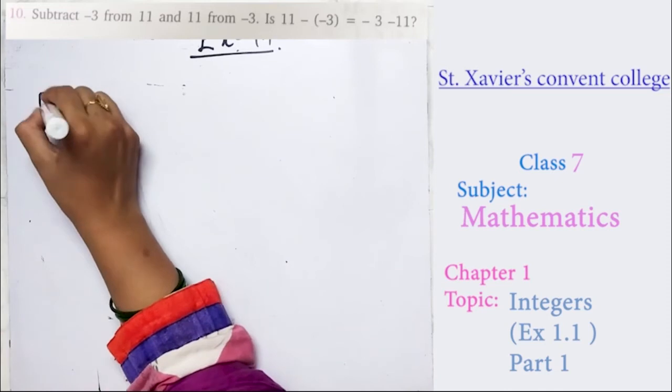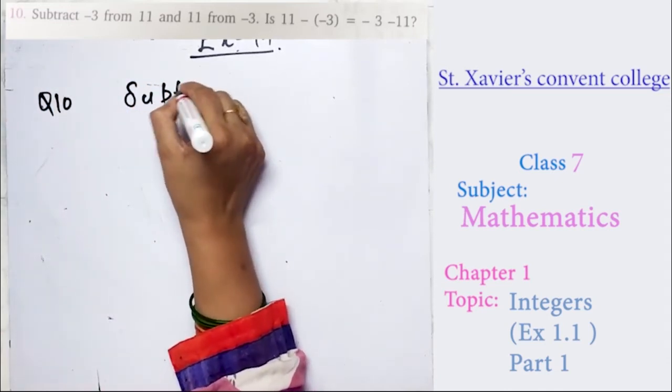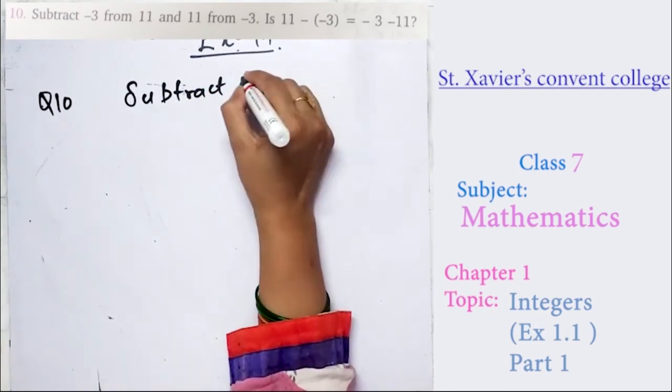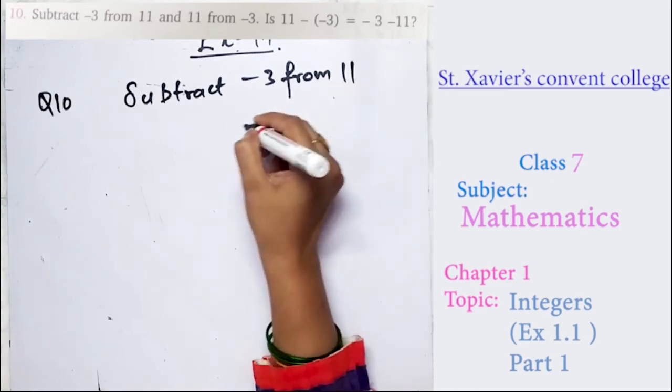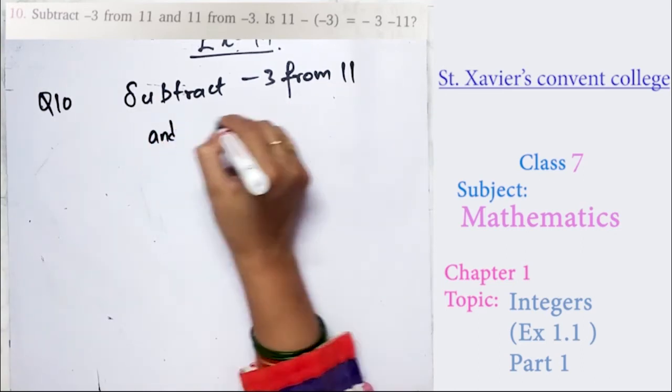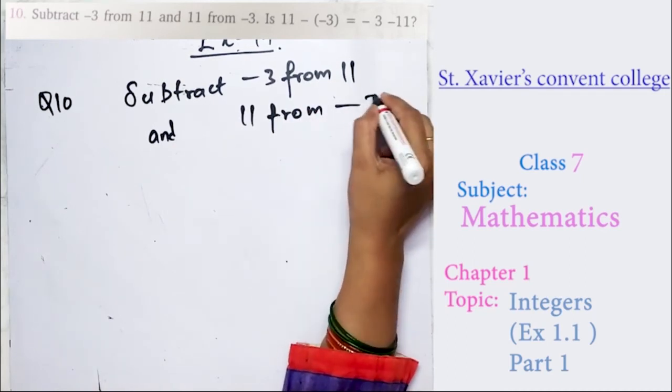Now the next question is question number 10. The question is: subtract minus 3 from 11, and 11 from minus 3.